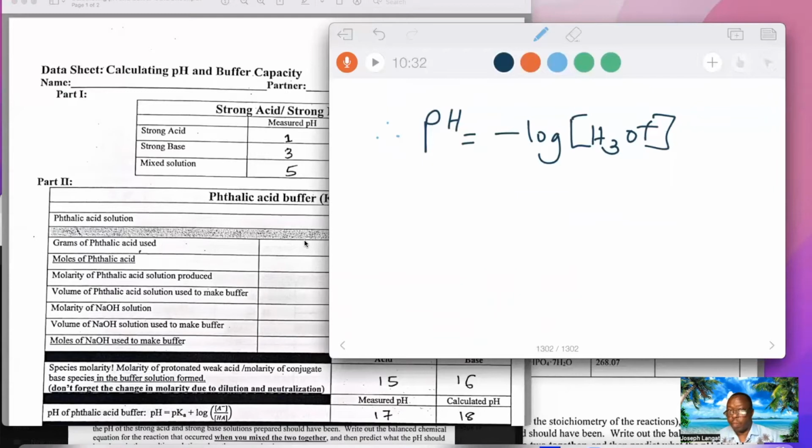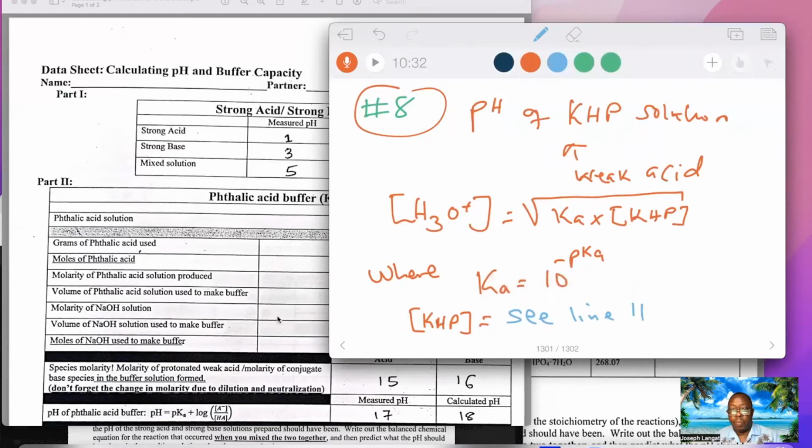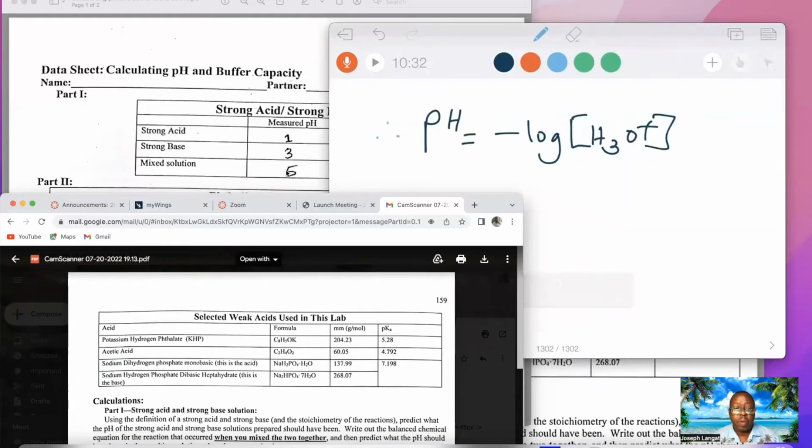You have to remember that first of all, it's a weak acid, and we need to find the Ka from the pKa value given here. 10 raised to negative pKa gives you the Ka, and then you plug it in the equation for the pH.